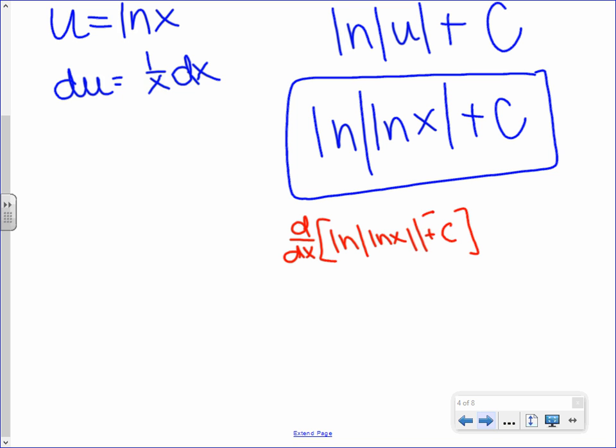Well, we do the chain rule, right? 1 over what's inside times the derivative of what's inside. There we go. That's what we started with. Our antiderivative is okay.